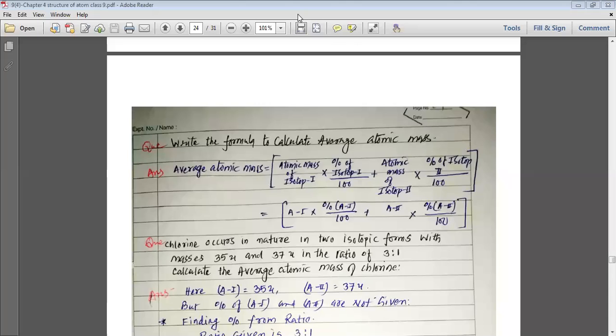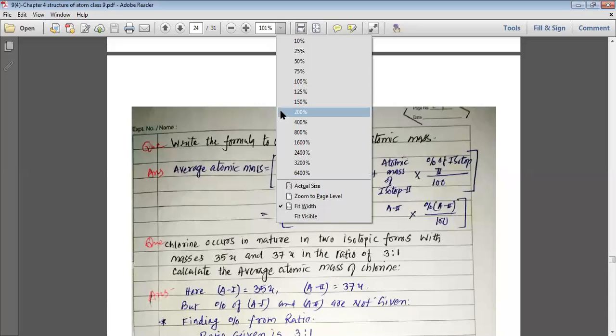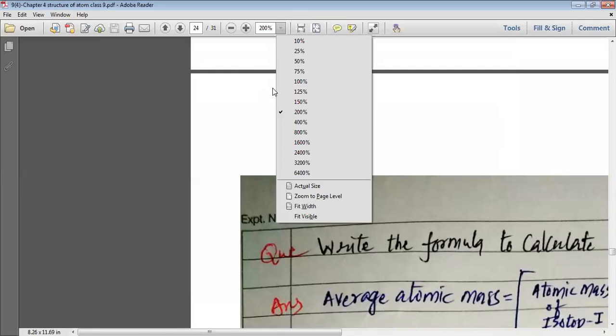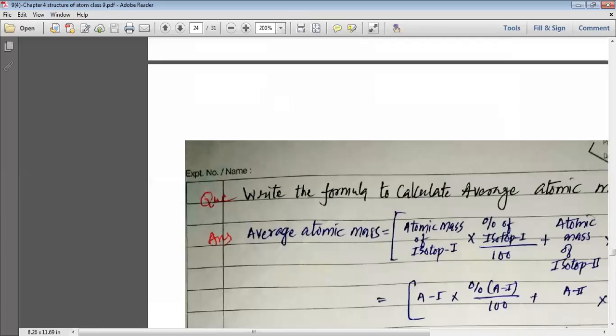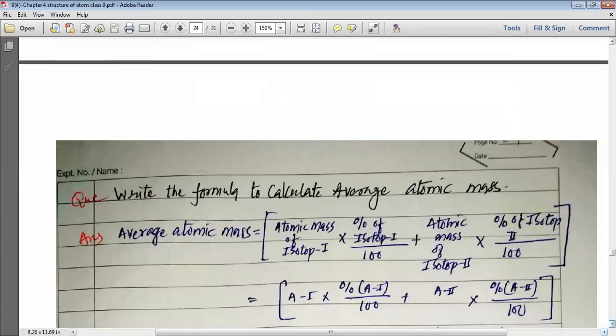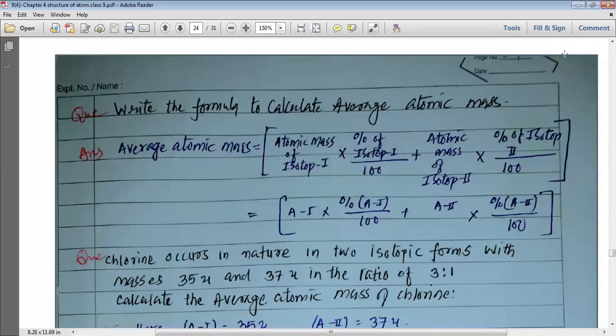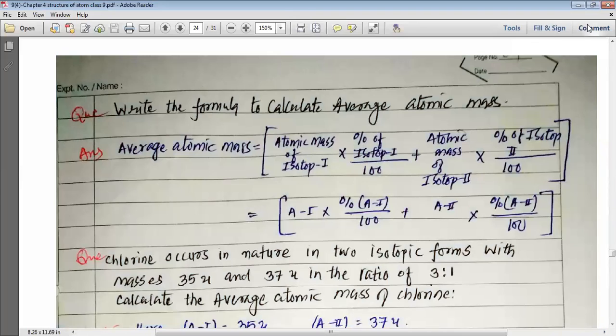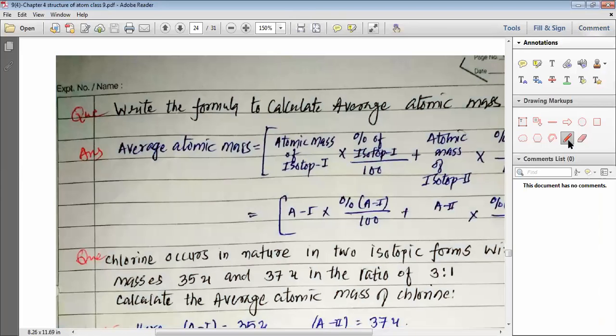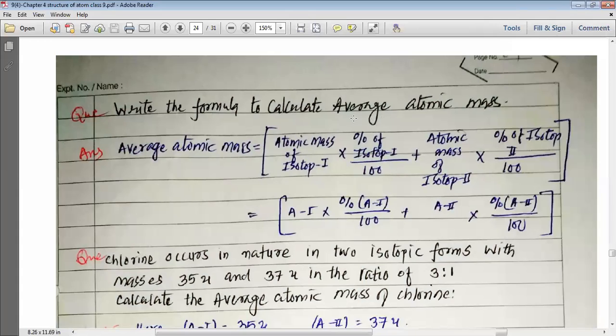Now let's move forward and revise what we have studied in the last period. My dear students, in the last period we studied how to calculate the average atomic mass. For that we solved one problem.